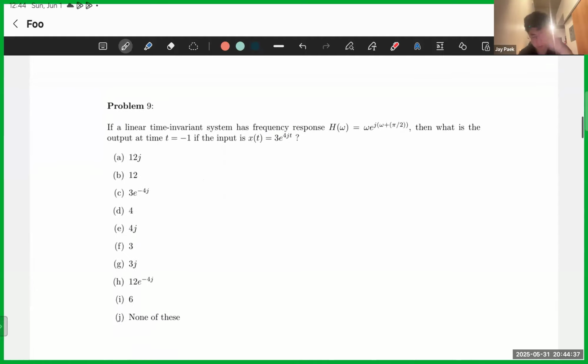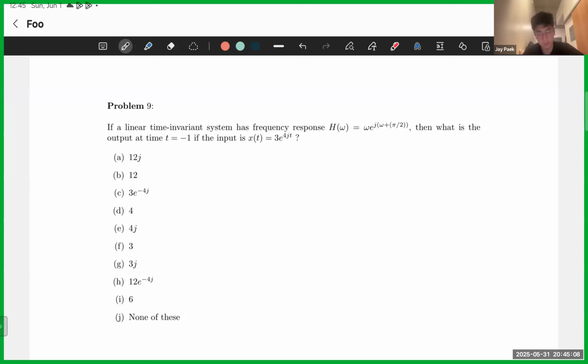If a linear time invariant system has frequency response of H of omega equal to that, then what is the output at time t equals -1 if the input is x of t equal to 3? What in the world? Okay. So this question is reliant upon multiple things.